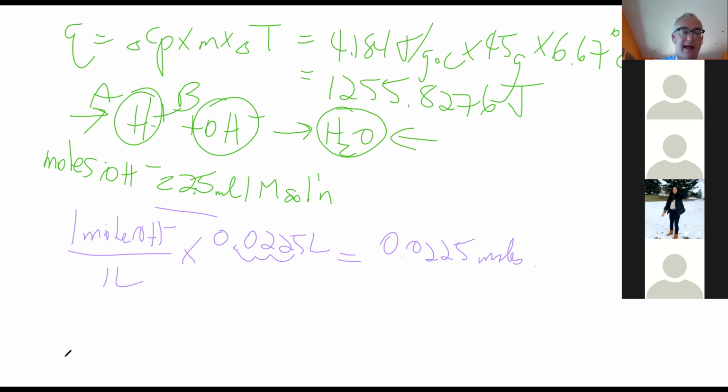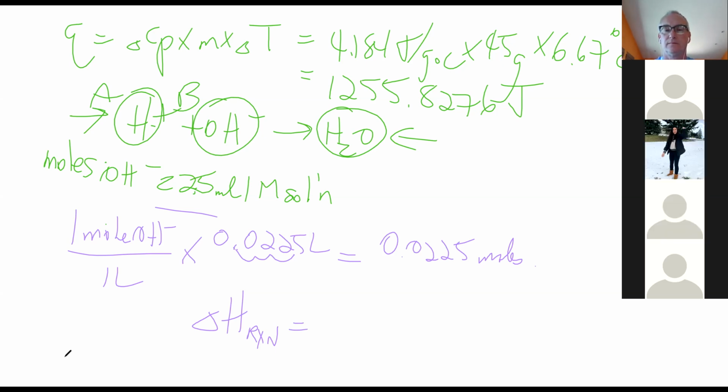All right, so now what is my delta H reaction? You have to divide. Got to divide what? Remember, delta H reaction is equal to Q divided by moles.